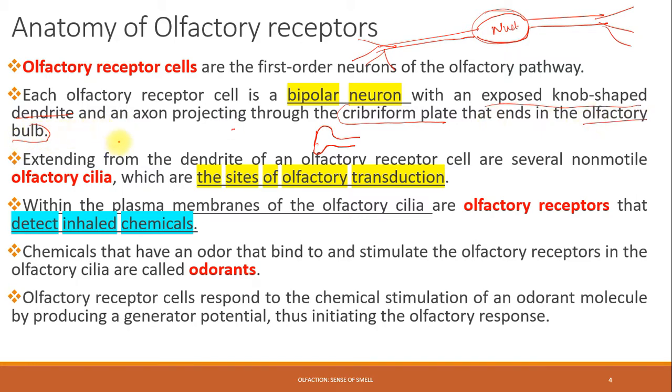What is this cribriform plate and what is this olfactory bulb, we will see in the actual diagram. Extending from the dendrite of the olfactory receptor cell are several non-motile olfactory cilia. In the case of the taste bud, there were microvilli.